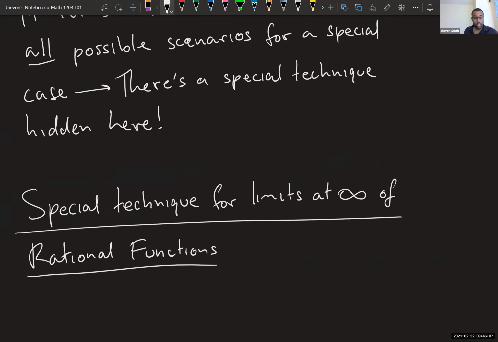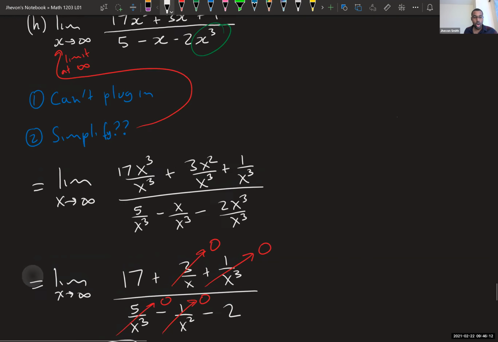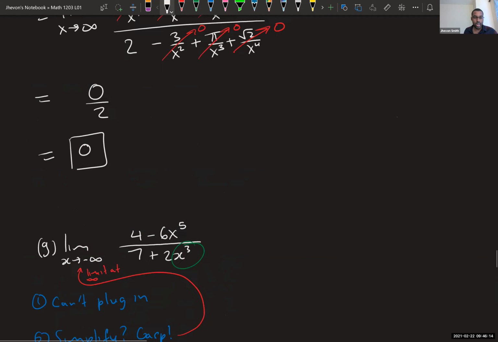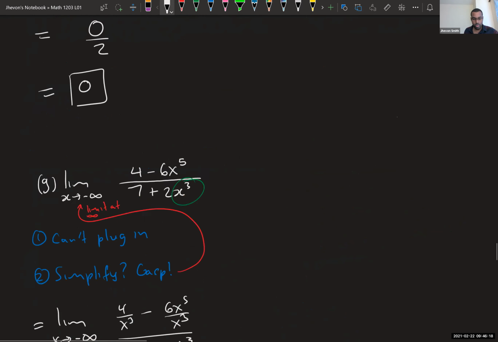Which is what you'll notice these last three examples where I did this thing all fall into that category. I had a rational function and a limit at infinity.